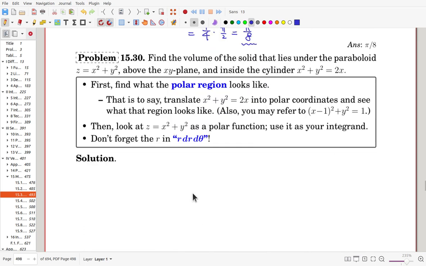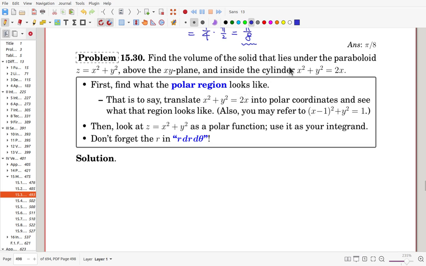Find the volume of the solid that lies under the paraboloid z equals x squared plus y squared, above the xy plane, and inside the cylinder x squared plus y squared equals 2x. Now we summarize how to solve the problem here. You have to first find what the polar region looks like.